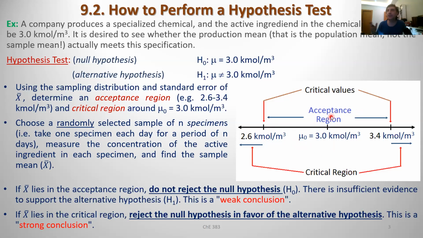Therefore, if all of the rest of the assumptions, for instance the normal distributional properties of the estimator, are true, the thing which is not valid is this one, which means our mu is now not equal to 3.0. So if x bar lies here or here, we say that mu is not equal to 3.0. So we show the validity or truth of this statement.